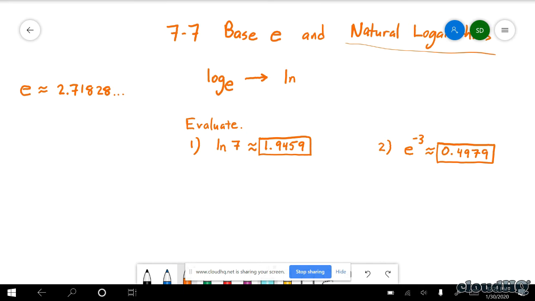Sorry, I forgot a 0 there. Let me just move my decimal. Here, I'll just write it again. There's a 0 after the decimal there. There we go. So 0.0498.